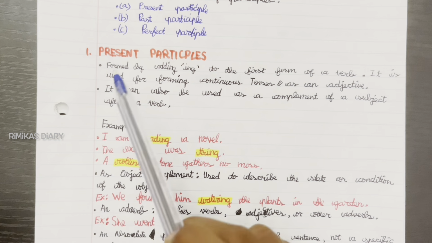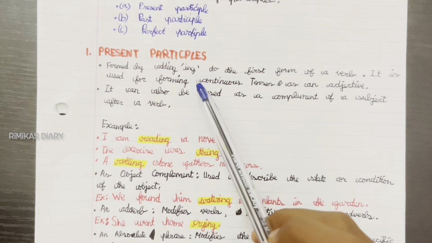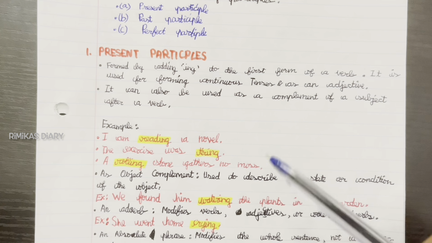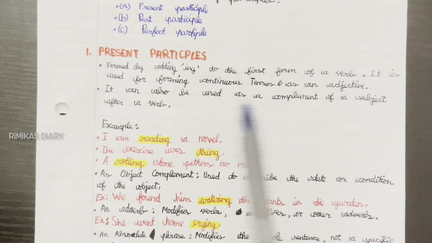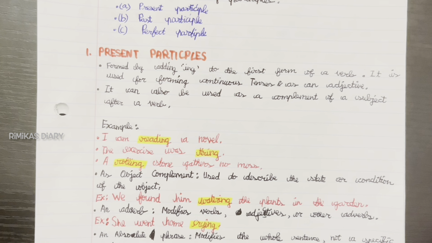The first type, present participles. It is formed by adding -ing to the first form of the verb. It is used for forming continuous tenses and as an adjective.